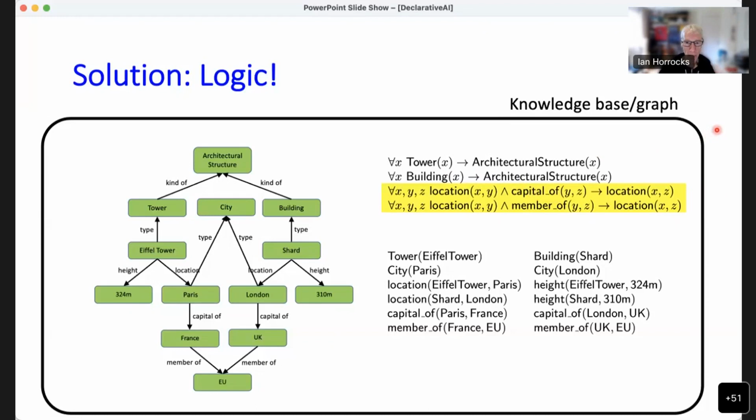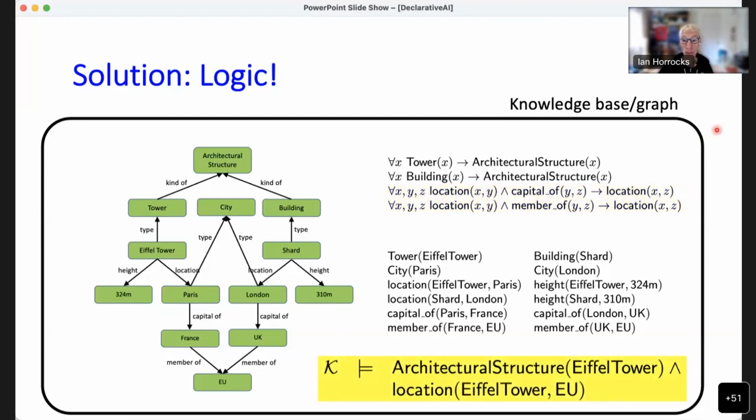Okay, and back to where I jumped ahead to. So once I've done all this, I can actually use the logic also for query answering by just using logical entailment to define the semantics of query answering. So for example, Eiffel Tower is in the answer to my query for architectural structures located in the EU, just exactly because these two ground atoms are entailed by my knowledge graph in its logical form.